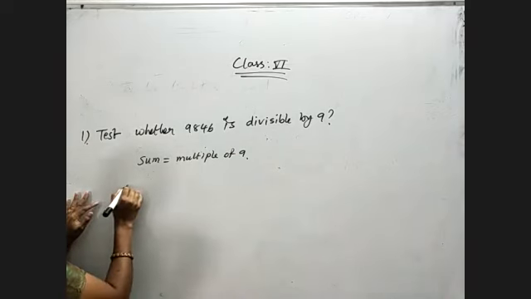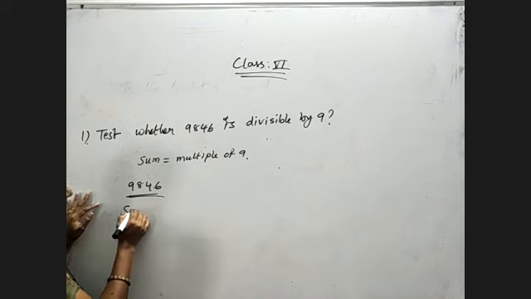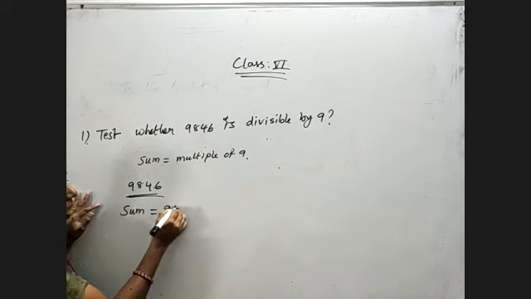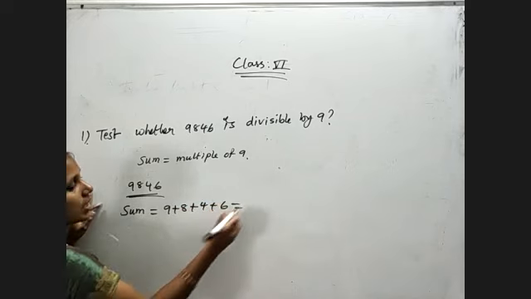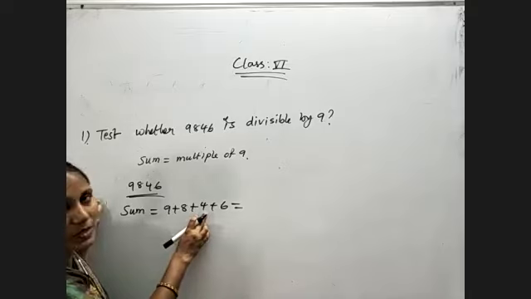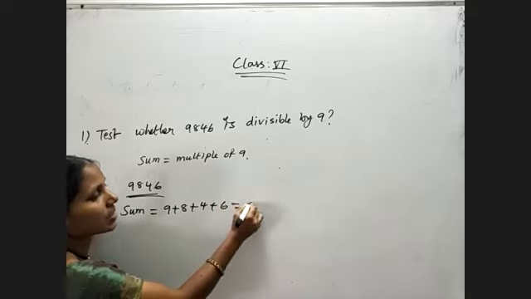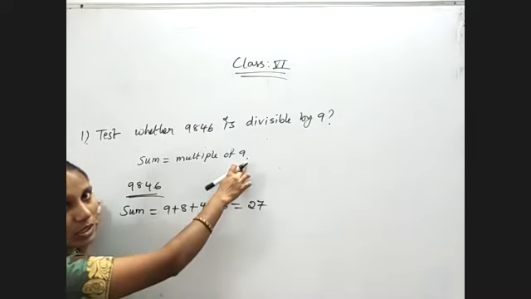So what is the given number? 9846. What is the sum of the digits? 9 plus 8 plus 4 plus 6, which is equal to 9 plus 8, 17. 17 plus 4, 21. 21 plus 6, 27. Okay, 27 is a multiple of 9 only.